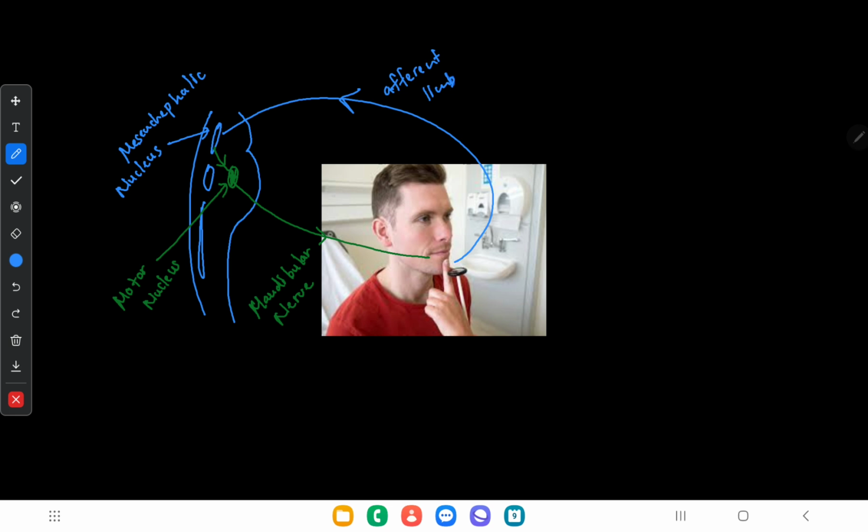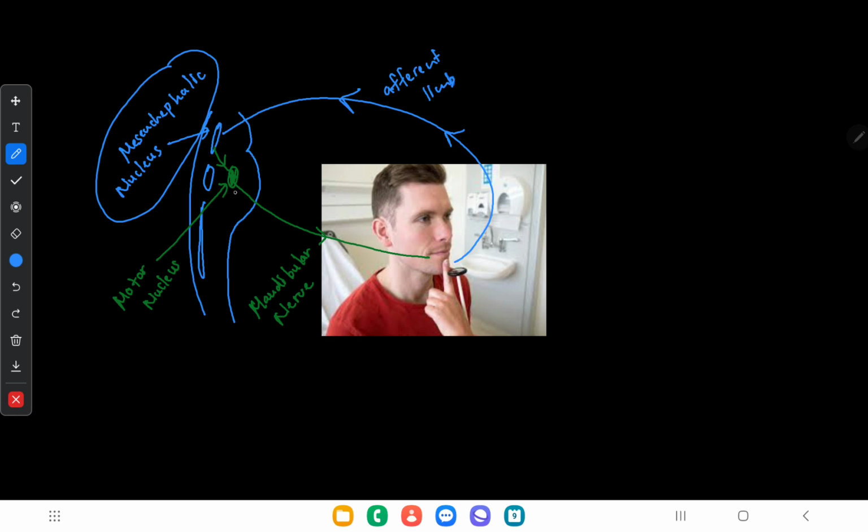Here in this diagram, this is the afferent limb, and it is the sensory component of the mandibular nerve which brings impulses of proprioception from muscles of mastication to the mesencephalic nucleus in the brainstem, and it is connected to the motor nucleus of the trigeminal nerve on both sides.